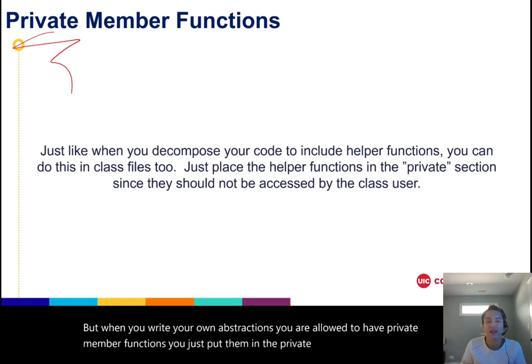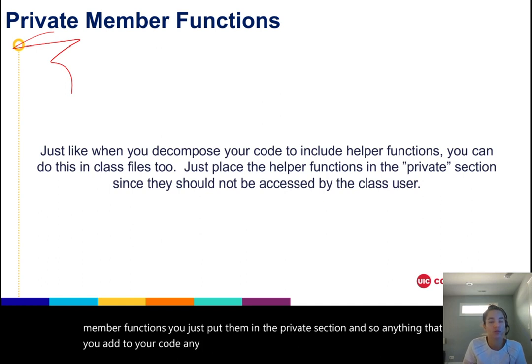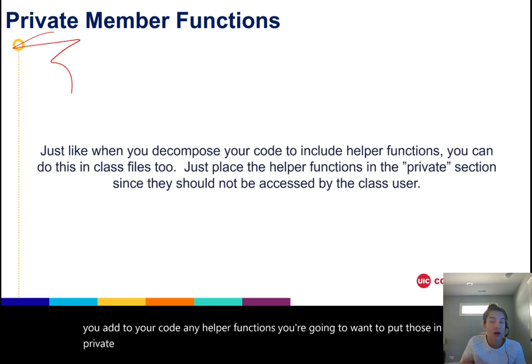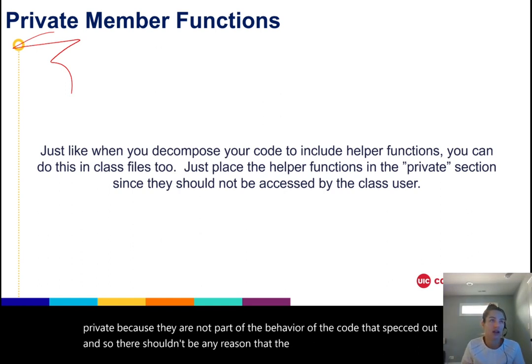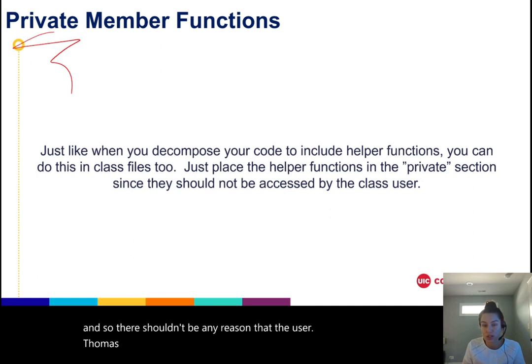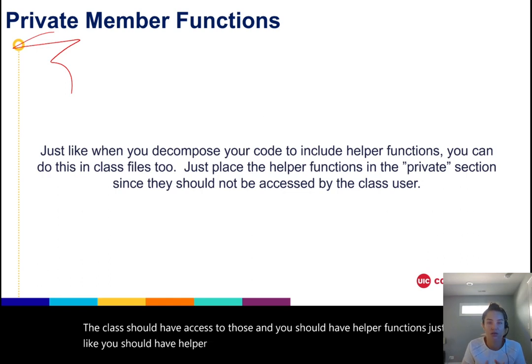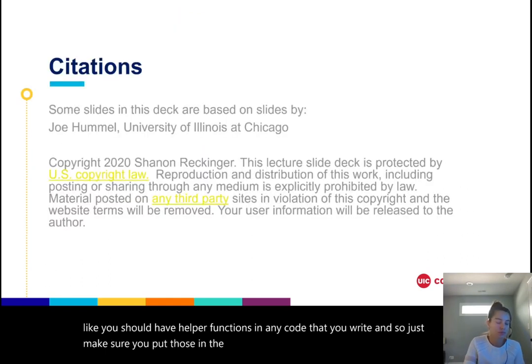Any helper functions you add to your code, you're going to want to put in private because they're not part of the behavior of the code that's spec'd out. So there shouldn't be any reason that the user of the class should have access to those. You should have helper functions, just like in any code that you write, so make sure you put those in the private portion of your code.